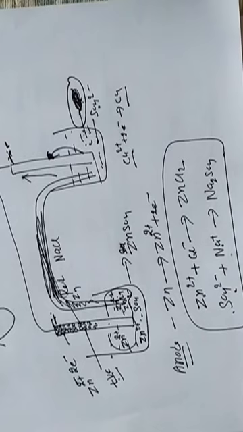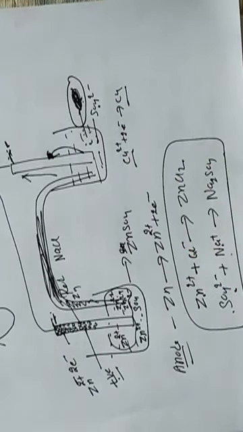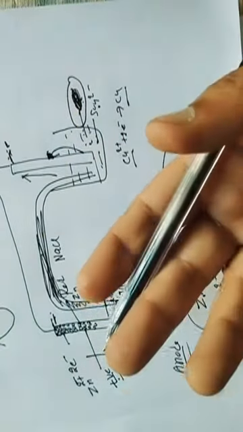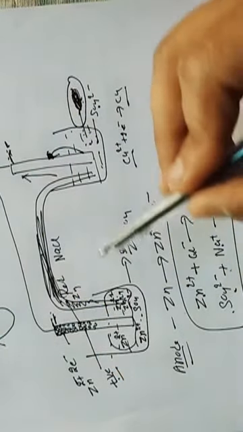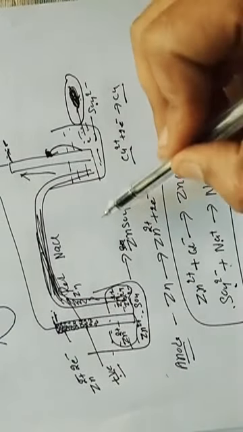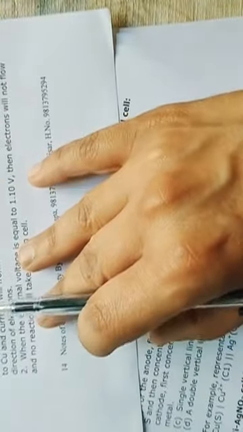So one function is that it completes the circuit, and the second function is that it neutralizes the solution. But next year they may show you a diagram in the paper and ask what is the functioning of salt bridge in cathode and anode, show with the help of the reaction. Then you have to show that.